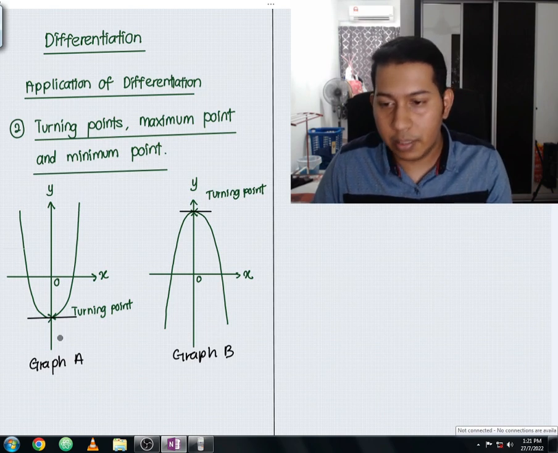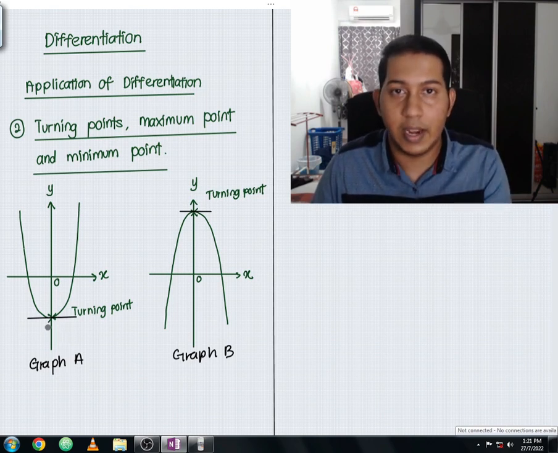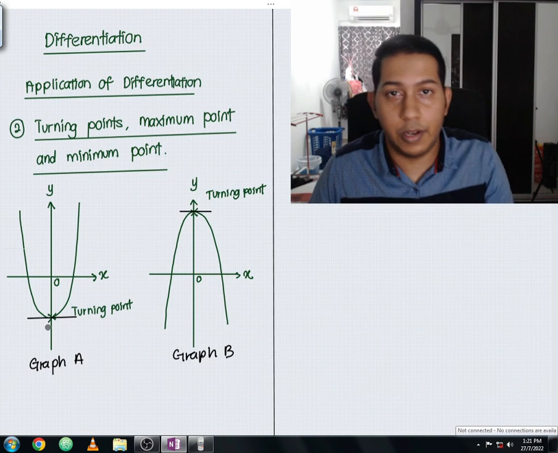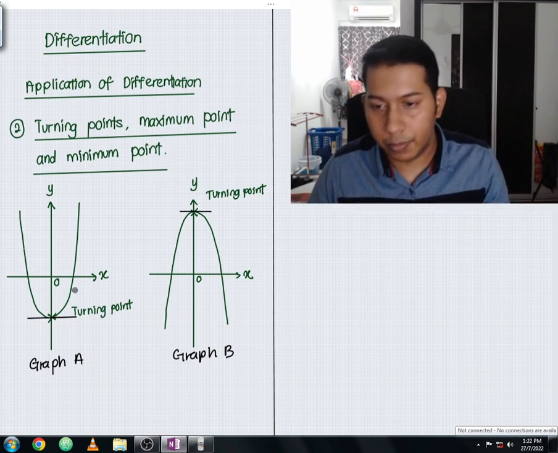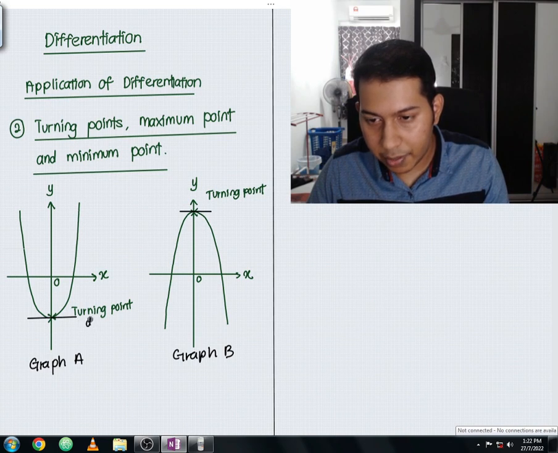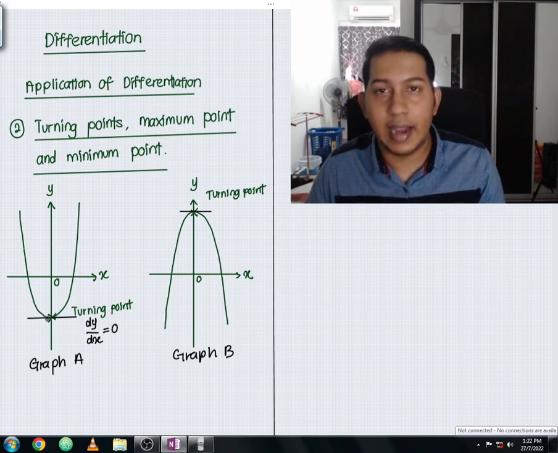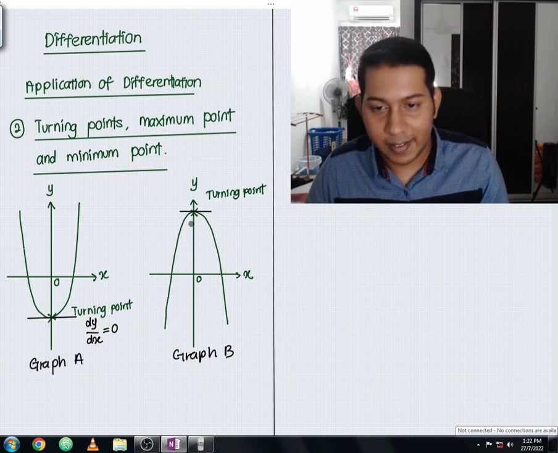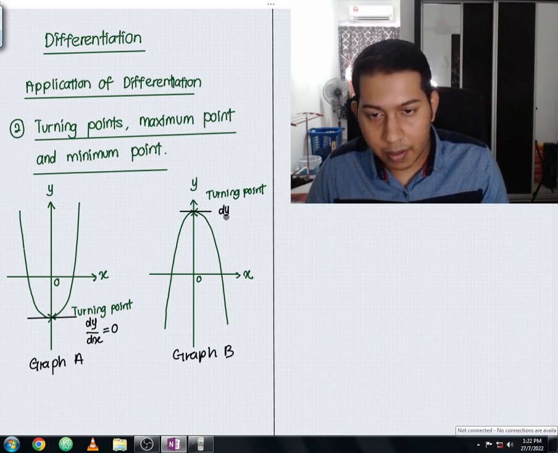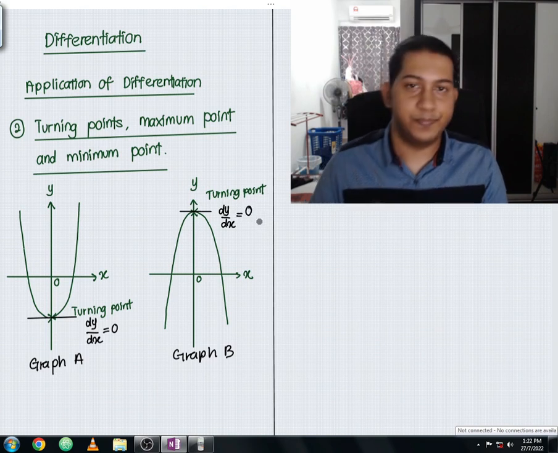Since it's a perfect horizontal line, your dy over dx will be equal to 0 at the turning point, regardless of whether it is a smiley face or the sad face.